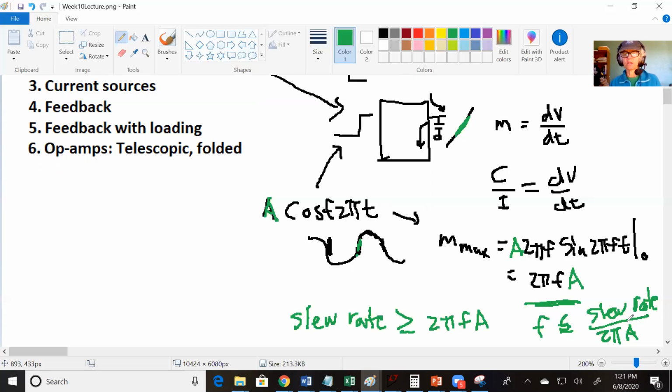And just remember that the only signal that is composed of just a single frequency is a sine wave. How many frequency components does a square wave have? Infinite, technically, right? Yes. So that has so many different frequencies.